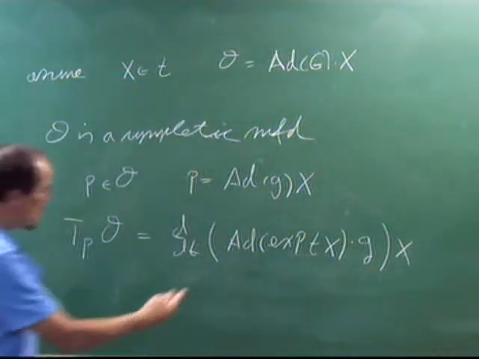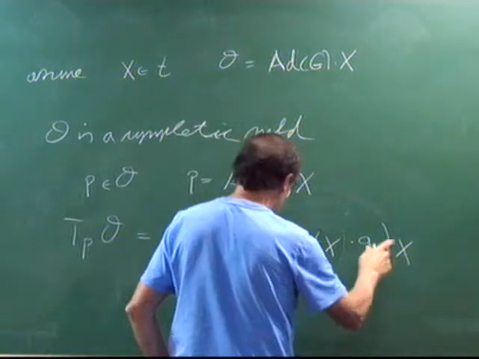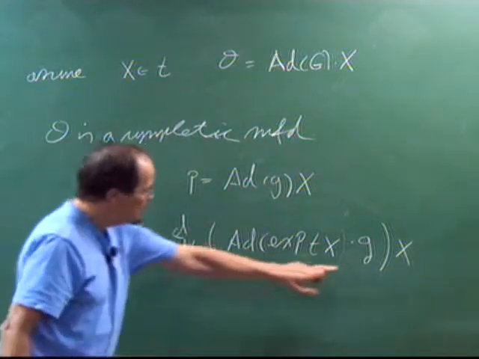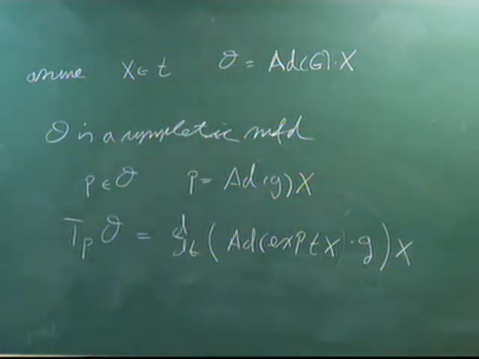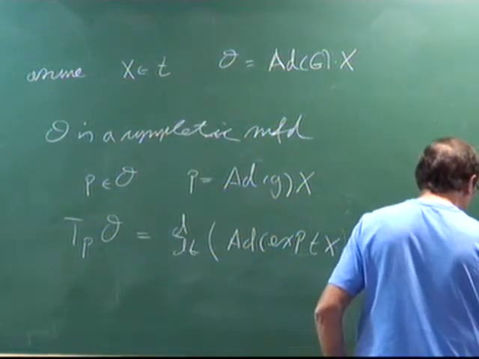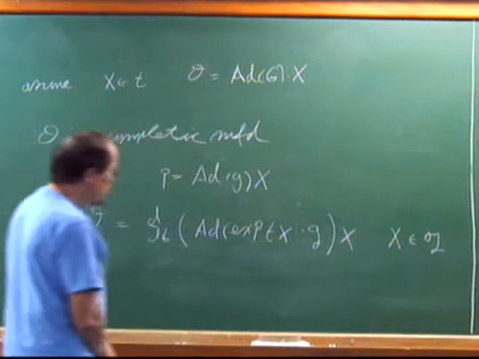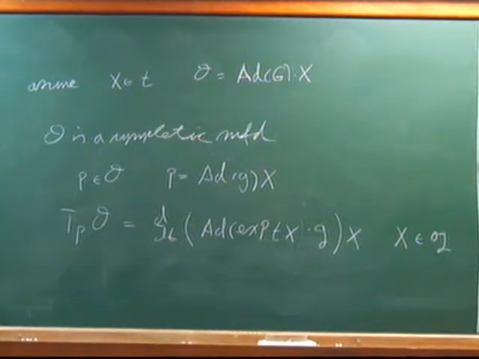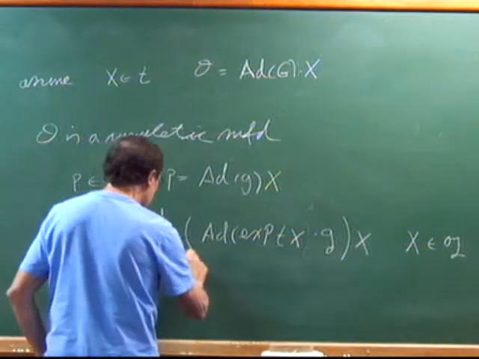So if you want to, let's maybe first go inside here, right? So exp(tZ) times g, that's a curve starting at g, and the tangent vector is Z. I can write every vector like this, where Z is some vector in the Lie algebra. Right? For each vector in the Lie algebra, I get such a vector. The tangent space is spanned by that.